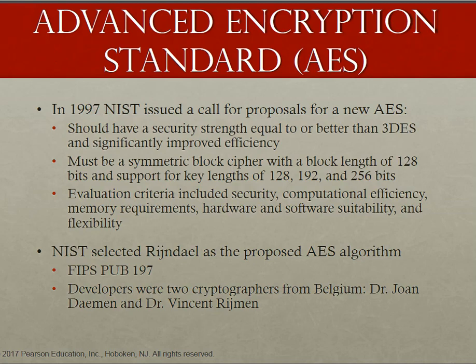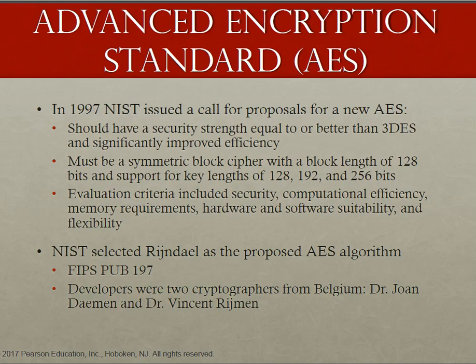In addition to this general requirement, it must also be a symmetric block cipher with a block length of 128 bits and support key lengths of 128 bits. So the key length 128, block length 128. And of course the key length is not only 128. The key length can be increased to 192 or 256 bits also.